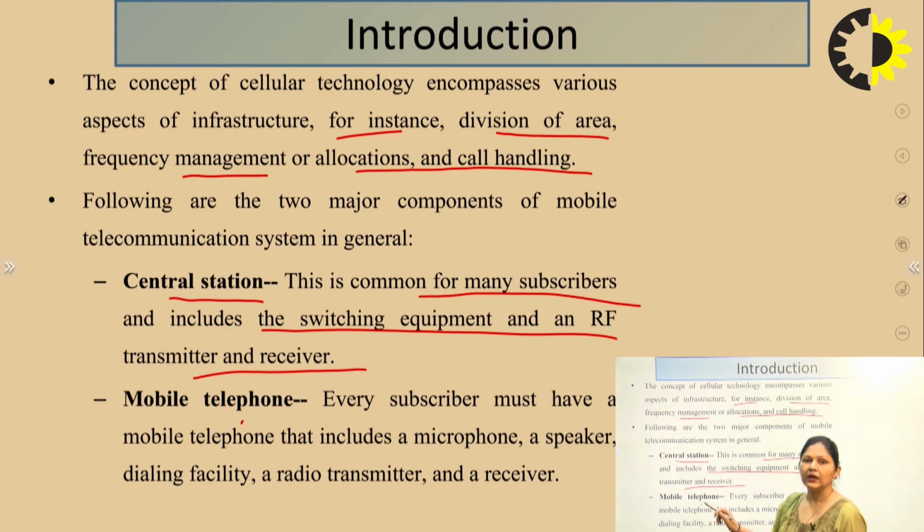Then another thing is the mobile telephone. We all are using mobile phones and all our mobile phones are connected with the central station. Every subscriber must have a mobile telephone that includes a microphone, a speaker, dialing facility, and a radio transmitter and receiver. So these are the major parts of the cellular system.